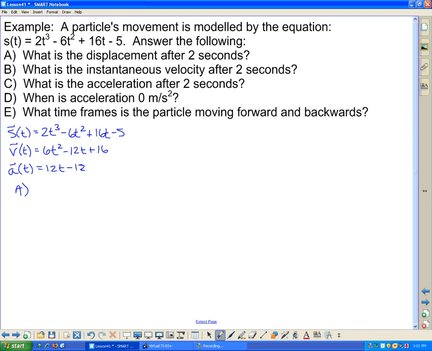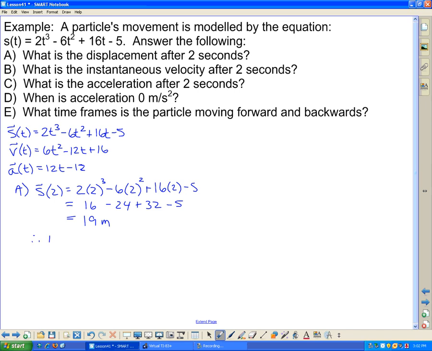A part. What is the displacement after 2 seconds? So displacement after 2 is 2 cubed minus 6 times 2 squared, plus 16 times 2 minus 5. And I just threw a bracket on there, just for the heck of it. When you go through and calculate, you get 16 minus 24 plus 32 minus the 5, so that equals 19 meters.